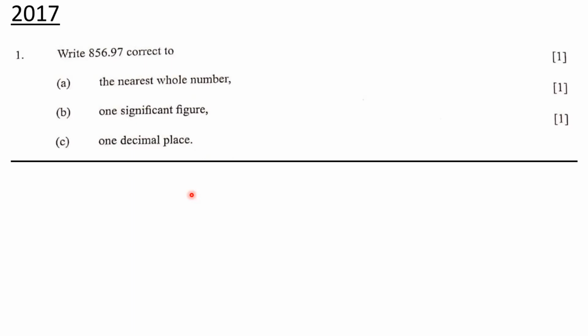It says, write 856.97 correct to the nearest whole number. So we have 856.97, and we're going to circle 6, because when they ask us to write it correct to the nearest whole number, they're basically asking us to round to the nearest ones.